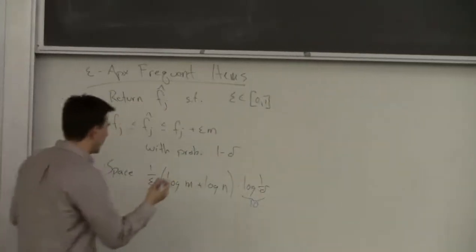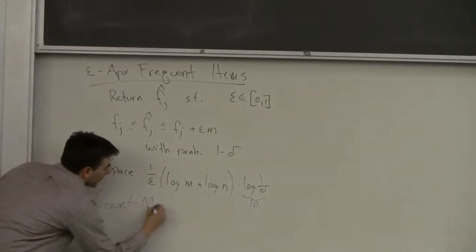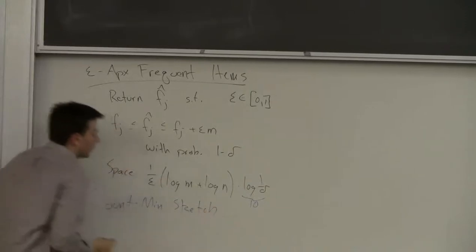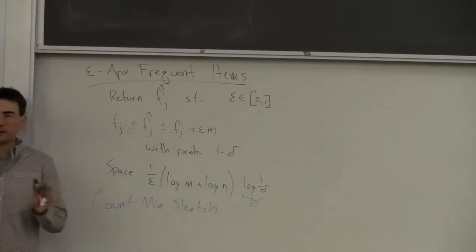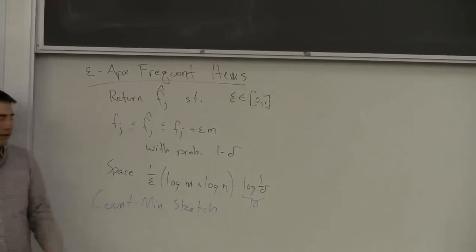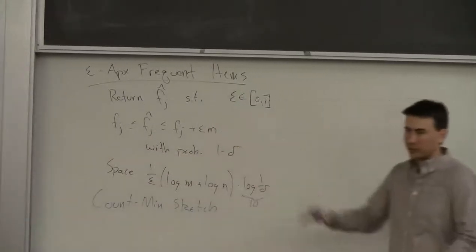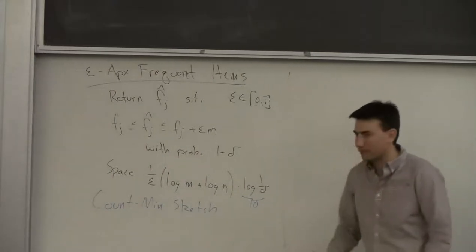This is going to be an algorithm called the count min sketch. It's going to be even less intuitive than this algorithm, but again, it's very easy to implement, and we'll get these nice values. This was by Cormode and Muthukrishnan in 2005.